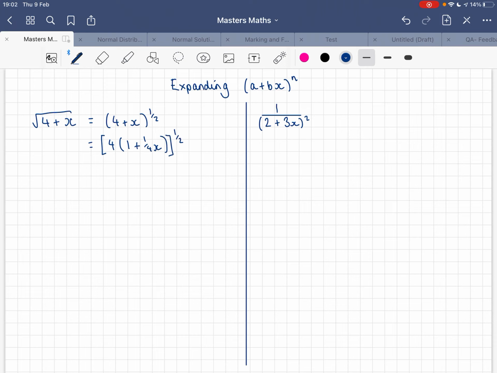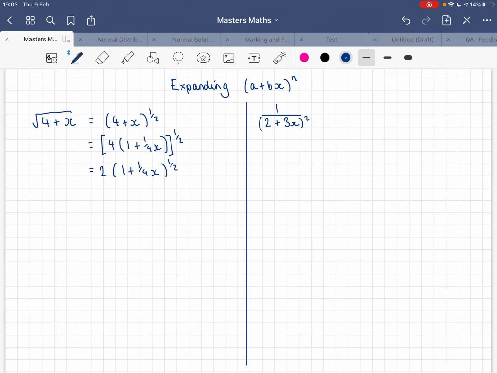So the key thing to remember is that when you factorize out whatever the constant term is, you need to remember to raise it to the power. So we've got 4 times (1 plus a quarter x) all to the power of a half. Therefore, the 4 becomes 4 to the power of a half, or root 4, which is 2, times (1 plus a quarter x) to the power of a half.